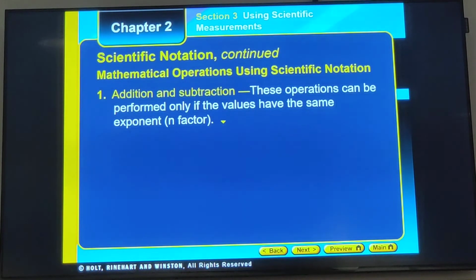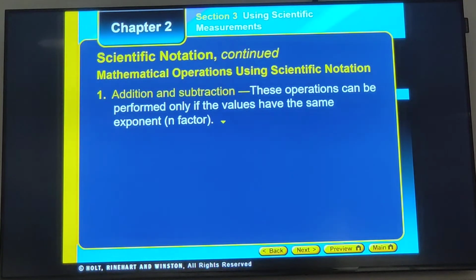Now, when it comes to doing math with scientific notation, that can sometimes be an issue. Not with multiplying and dividing, it can be an issue when you're adding and subtracting, to round to the right column.